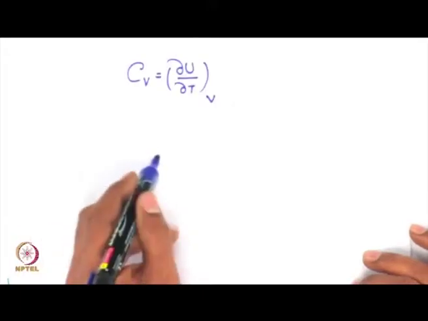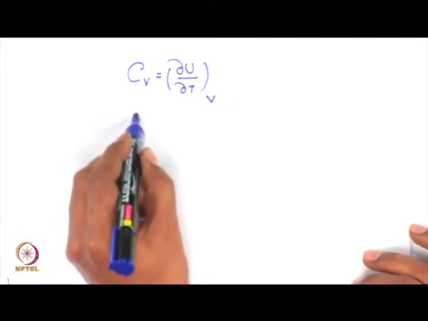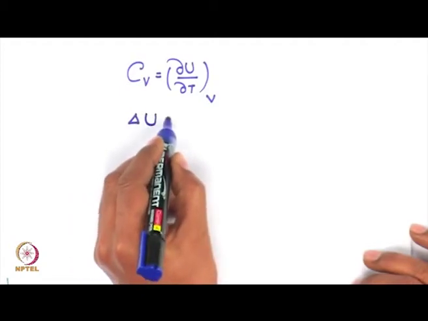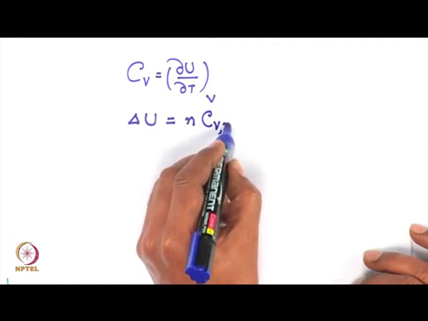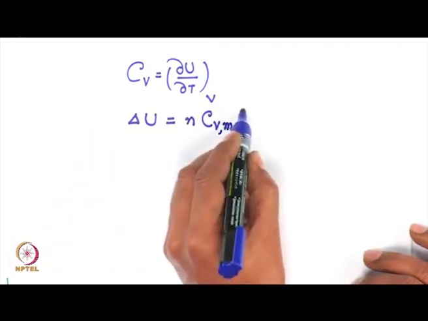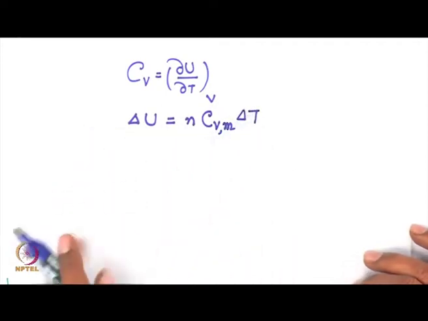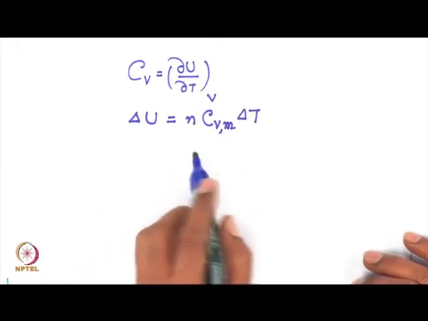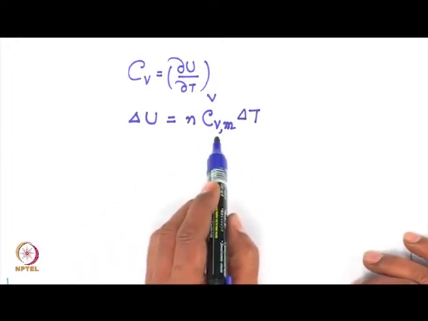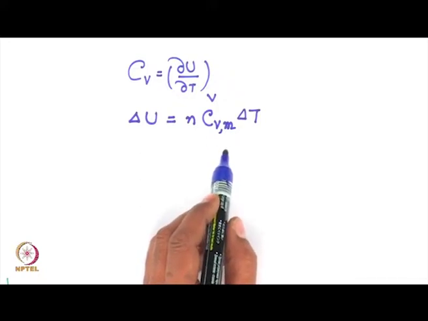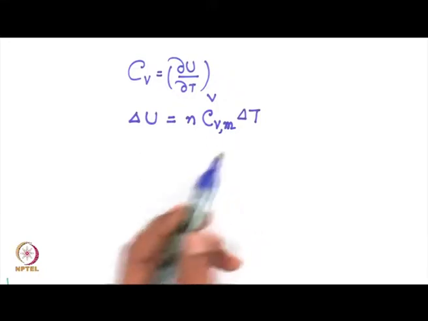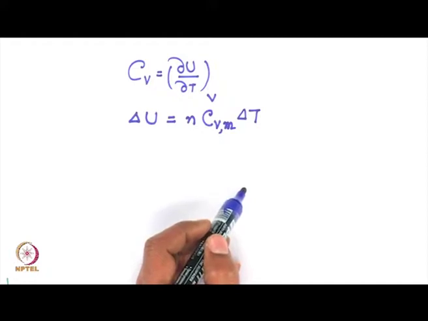We can use this equation to get delta U is equal to N times CVM into delta T, where N is the number of moles and CVM is the molar constant volume heat capacity. So, from this we can easily get the value of delta U.